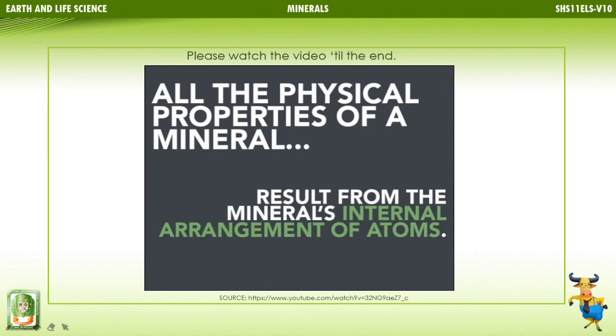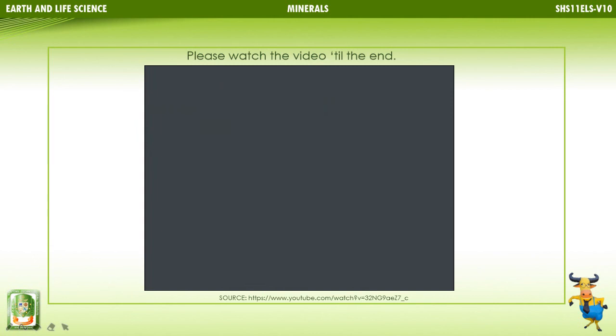To give you an example, that sulfur we were just looking at is yellow. The reason it appears yellow is because of how the sulfur atoms are arranged inside. Quartz sometimes appears clear, and that's because of how the atoms are arranged. The mineral halite tastes salty because of how the atoms are arranged. The mineral sulfur, again, has kind of a rotten egg smell, and that's a result of the internal arrangement of atoms. So all of the physical properties result from how those atoms are arranged.